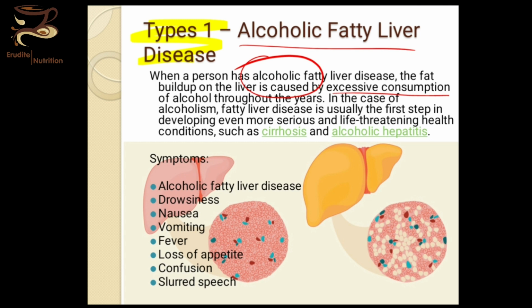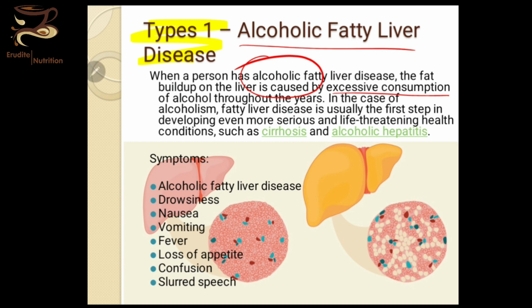Also, alcohol has a lot of calories in it. It does not have any nutritious value, but when alcohol is consumed, it actually depletes our body of vitamins and some other minerals, and it can also interfere with the absorption of nutrition in the GI tract. So a long-term alcoholic has a higher chance of developing fatty liver disease.